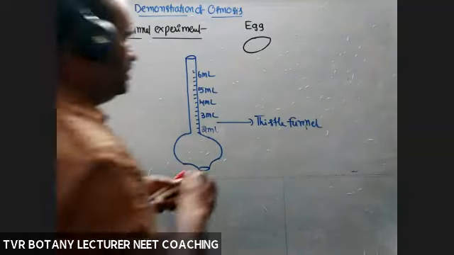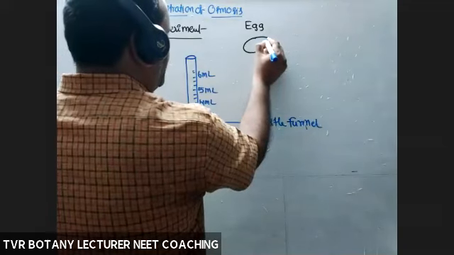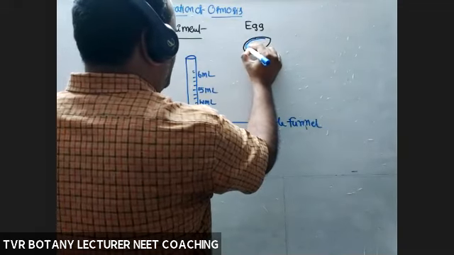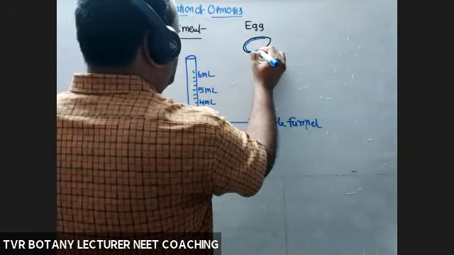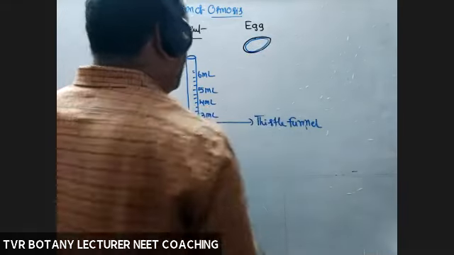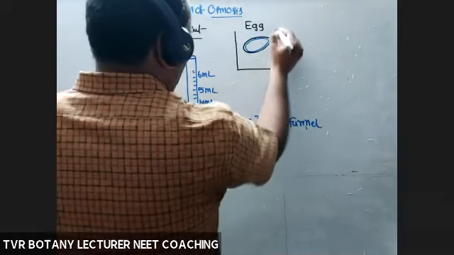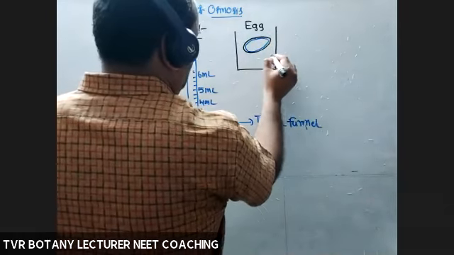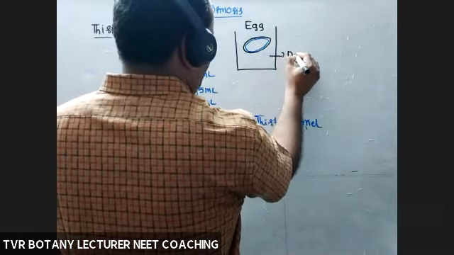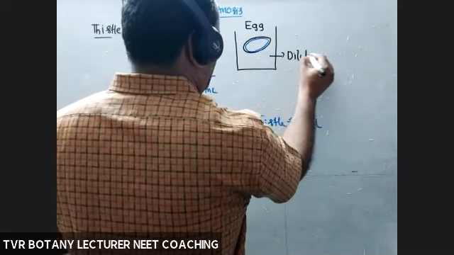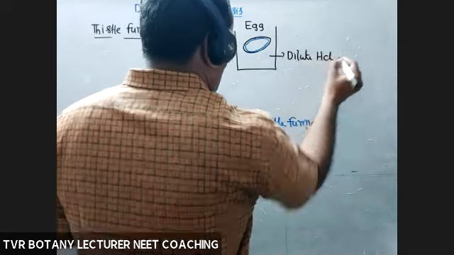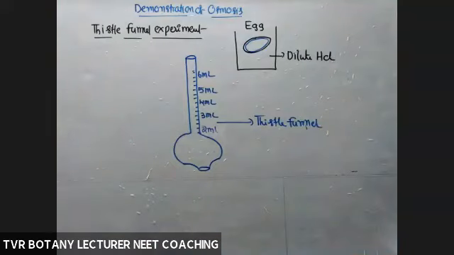How to take out that membrane? So this is a white colored membrane which is opposite to the shell part. So simply drop this one into a beaker containing dilute hydrochloric acid for an hour, no problem.